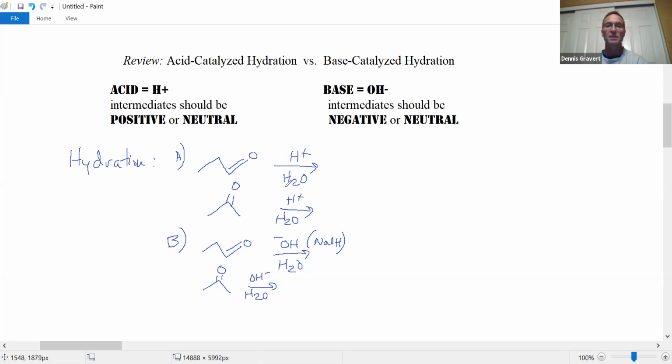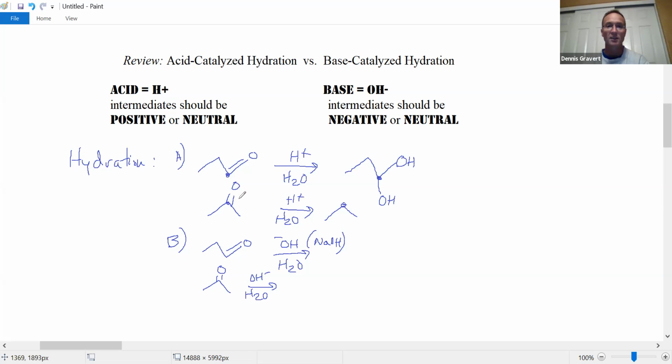And what happens is where the carbon is double bonded to oxygen, now you have two oxygens. And for hydration, they're both alcohols. Oh boy, I didn't give myself much room.